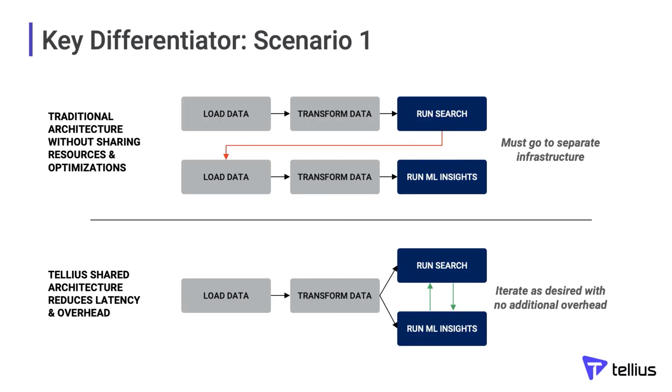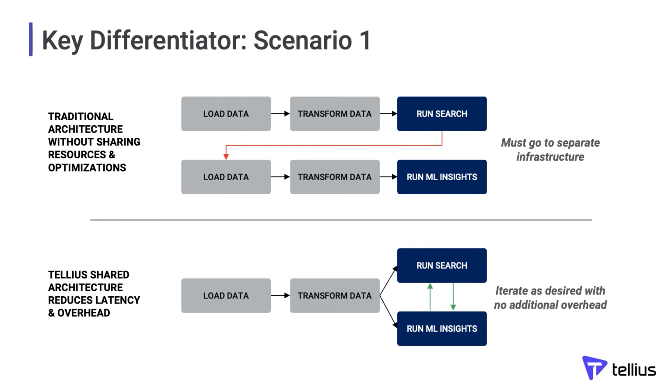So just to hit this home a little bit from a shared infra perspective, imagine you want to run an ad hoc natural language search that leads you to want to perform some kind of an AI-based insight activity. Most systems, traditionally, you're going to have to load that data again, transform it, and run basically two separate sets of operations to achieve your goal.